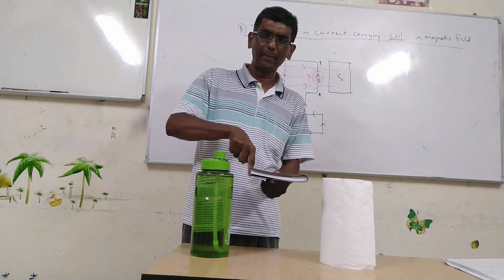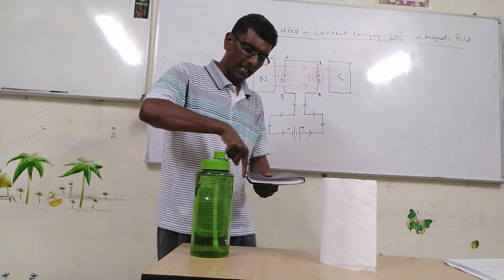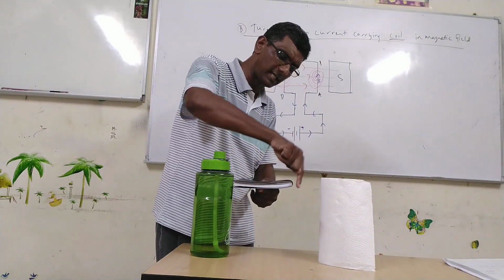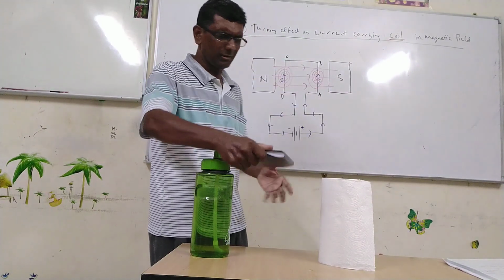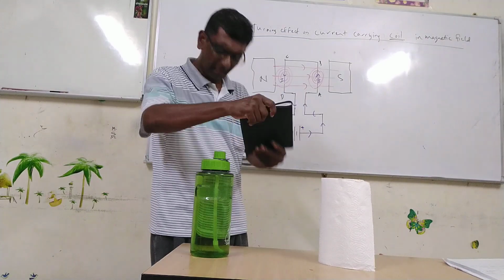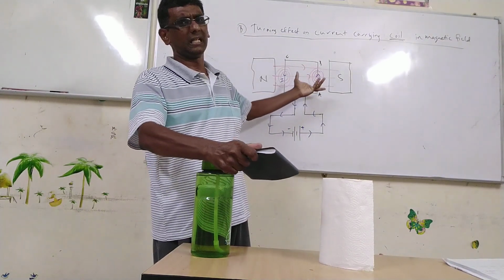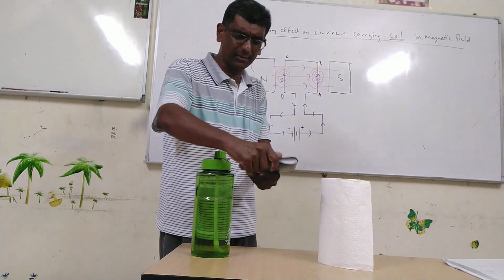This is wire AB and CD, with current going in and coming out. Wire CD is not like this, it is horizontal. But the drawing is drawn upwards, while the wire is like this.